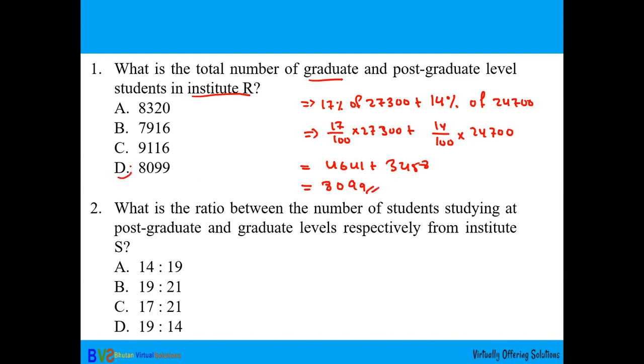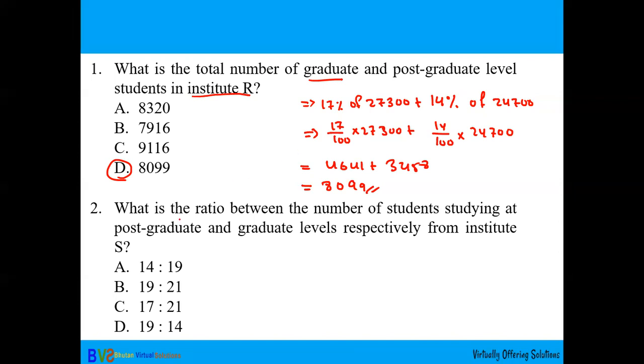So the answer is D. In Institute R there is a total of 8,099 students, including both graduate and postgraduate level students. The first question is very simple, and data interpretation is easy; the only thing you need to know is how to interpret the chart.